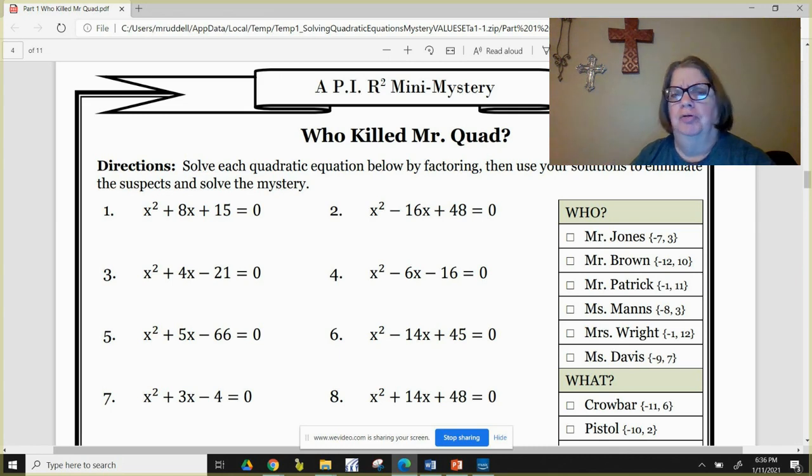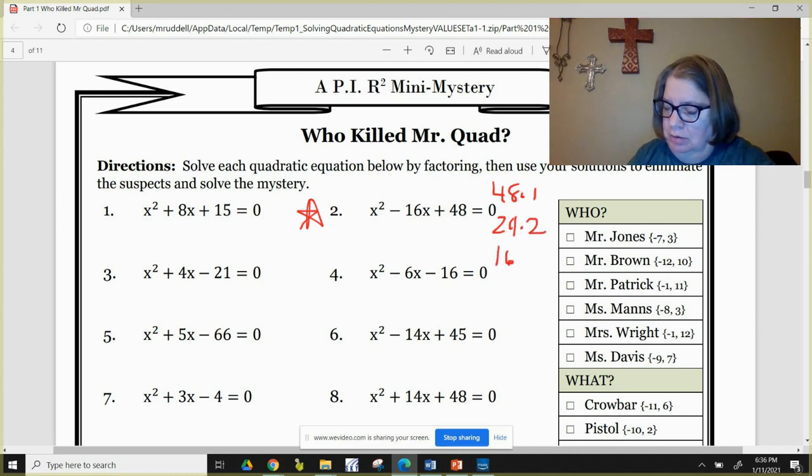The leading coefficient is 1 on all of these. So on all of these, you're just looking at what number multiplies to 48. On this one, what multiplies to 48 and adds to 16. So my factors of 48, I have 48 and 1, 24 and 2, 16 and 3, 12 and 4, 8 and 6.